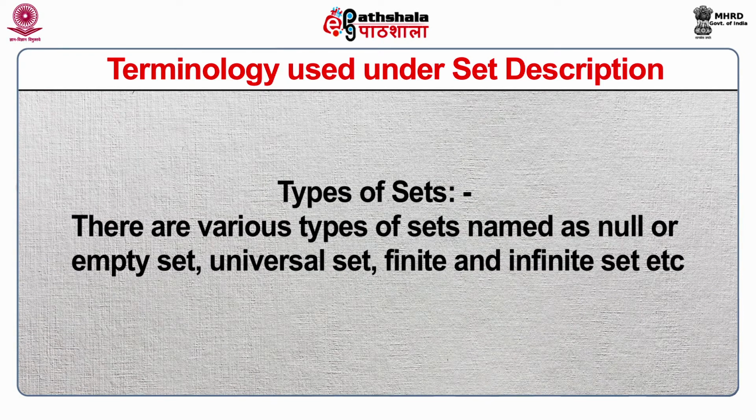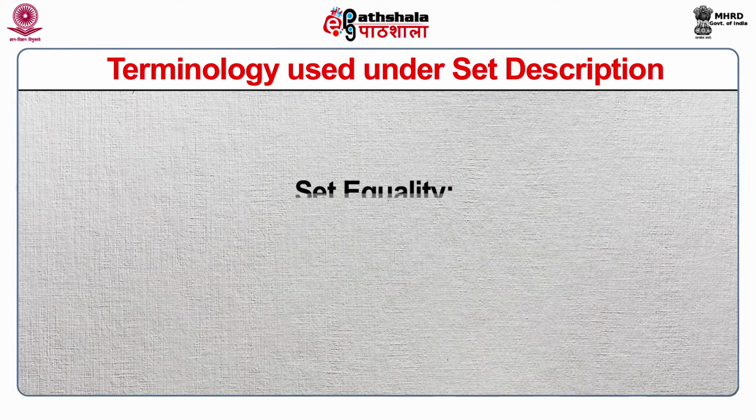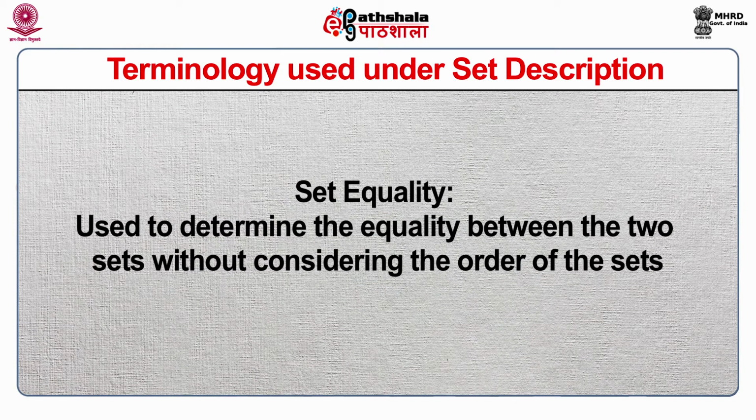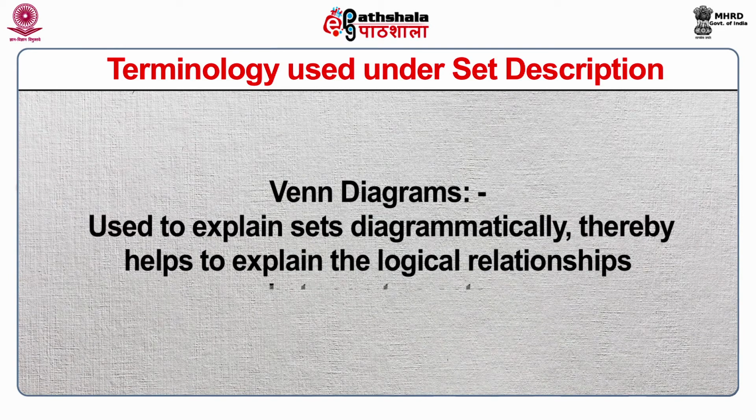There are various types of sets named null or empty sets, universal sets, finite and infinite sets, etc. Then there is set equality. It is used to determine the equality between two sets without considering the order of the elements. Next are the Venn diagrams. These are used to explain sets diagrammatically, thereby helping to explain the logical relationships between two sets.